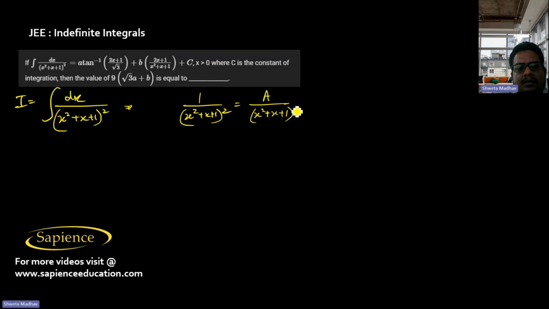a by x square plus x plus 1. Now the thing is we have to make some substitution.